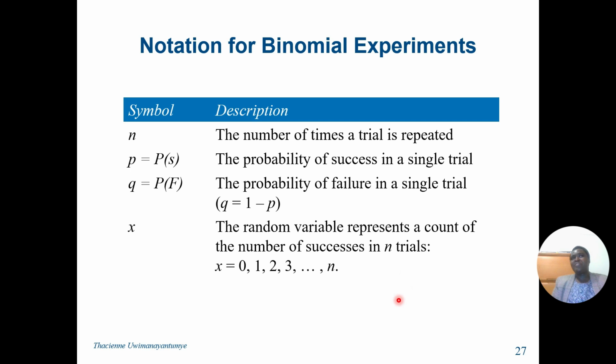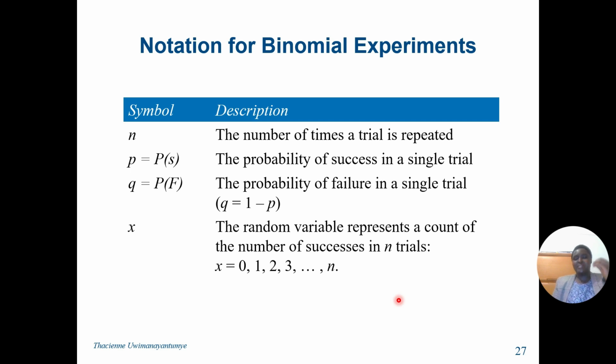If, for example, we have made 5 trials, we have to mark whether we have 0 successes, or among the 5 we have 1 success, or among the 5 trials we have 2 successes, 3 successes, 4 successes, or 5 successes. So that random variable will be called a binomial random variable.